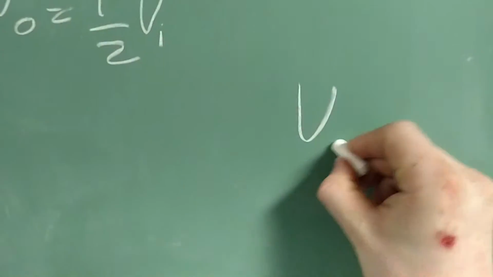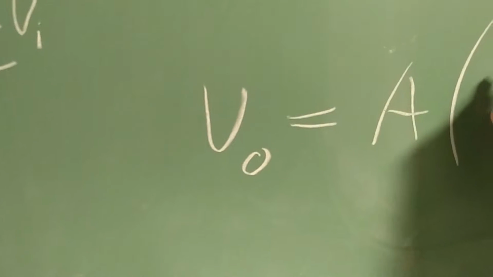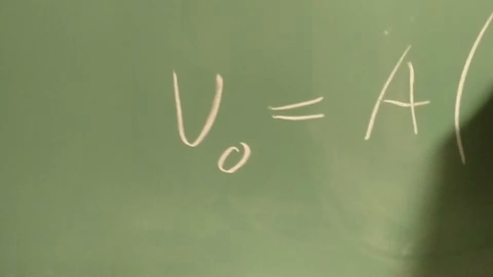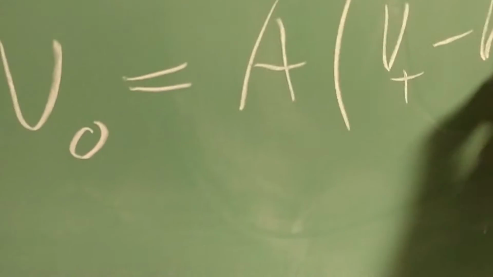So if you look at the equation for an op amp, you get V out equals A times (V plus minus V minus).